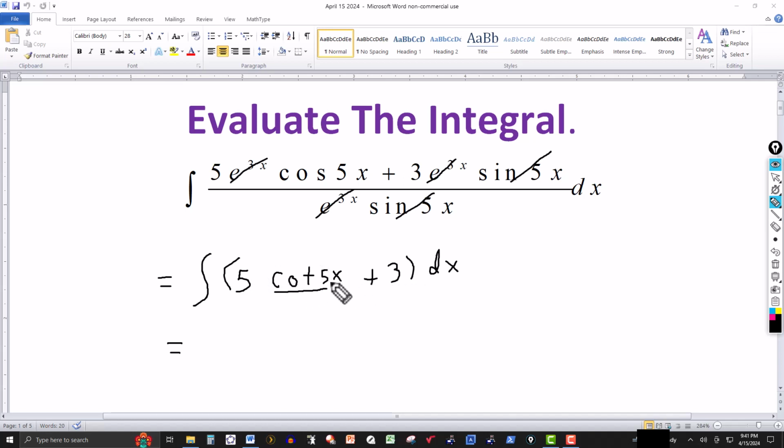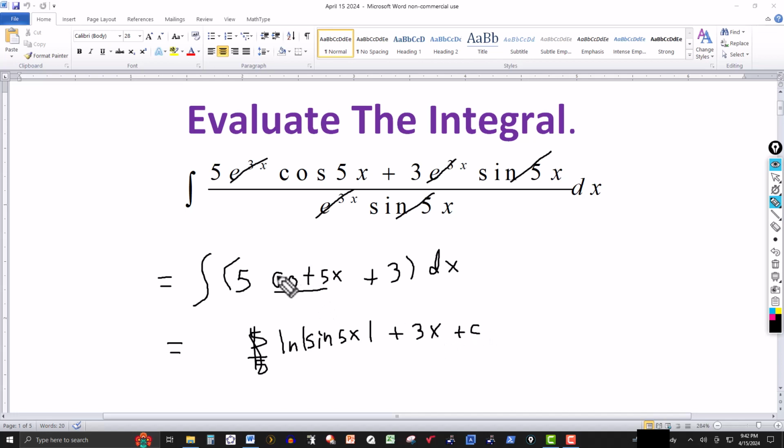Well, the integral of cotangent of 5x is the natural log of the sine of 5x, absolute value here. And the derivative of 5x is 5, so this gets divided by 5 here. That cancels here. And the antiderivative, or the integral of 3 with respect to x, is 3x plus the constant of integration.